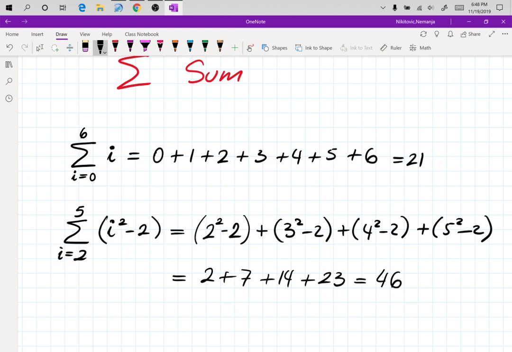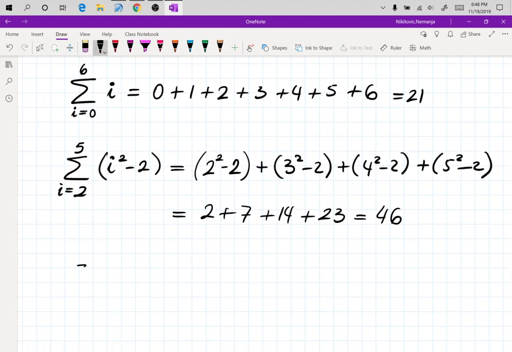And now, if I have a summation of f of x_i, where i starts at 0 and ends with some value n, let's first end it with 3.